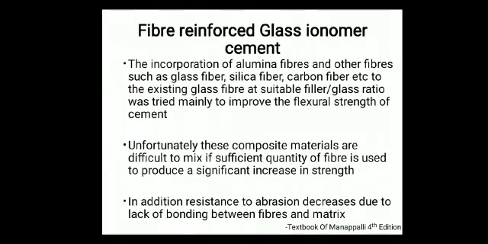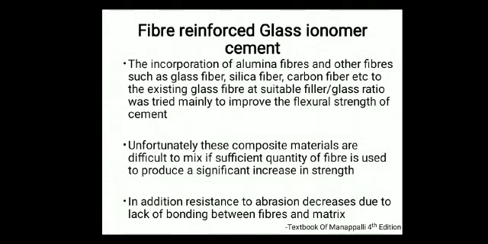Second is fiber reinforced GIC. The incorporation of alumina fibers and other fibers such as glass fibers, silica fibers, carbon fibers, etc. to existing glass ionomer at suitable filler or glass ratio was tried mainly to improve flexural strength of the cement.